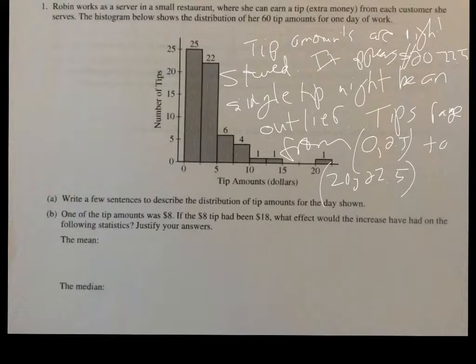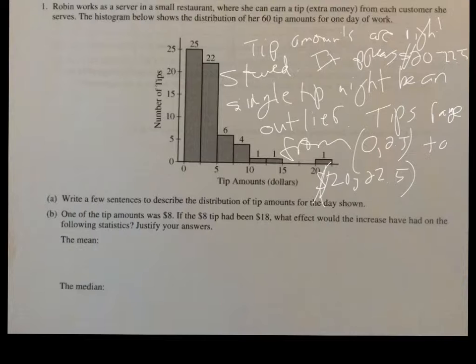Did she actually get a 0 tip? Or is it some number in 0 to 2.5? So if you just say 0 to 22.5, you're not going to get the correct credit because it's not true. So the maximum tip is somewhere between $20 and $22.5, and the minimum tip is somewhere in the $0 to $2.5 range.